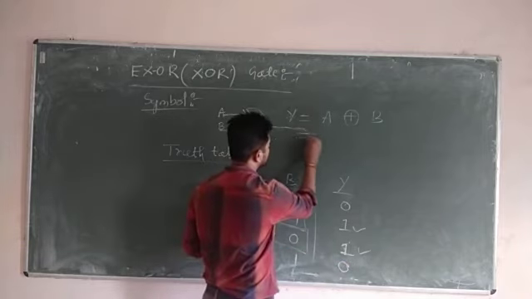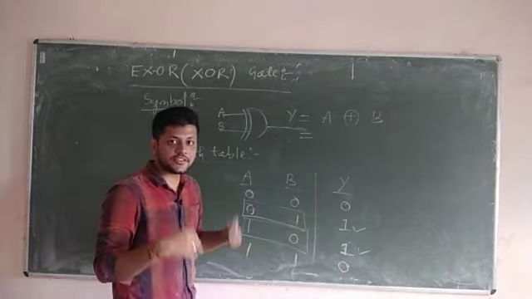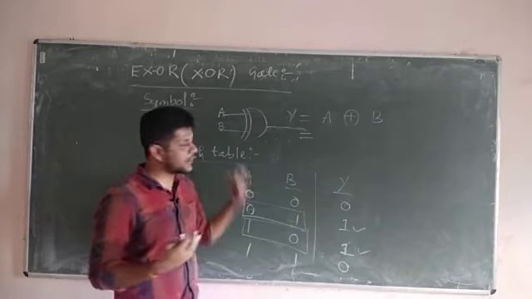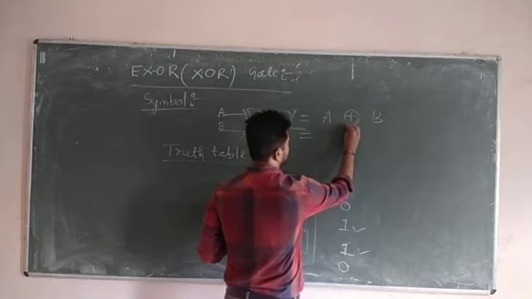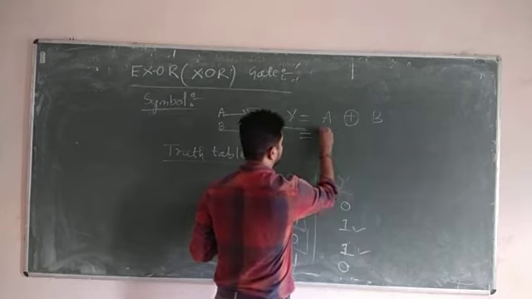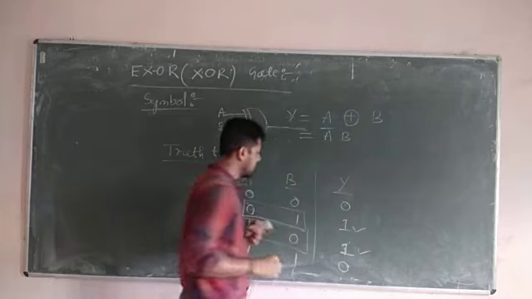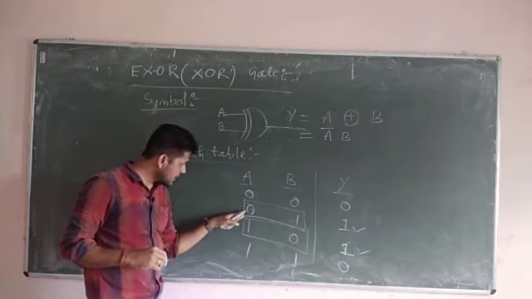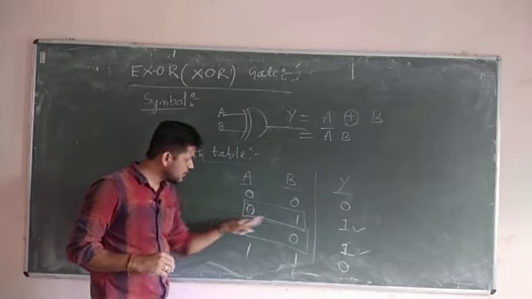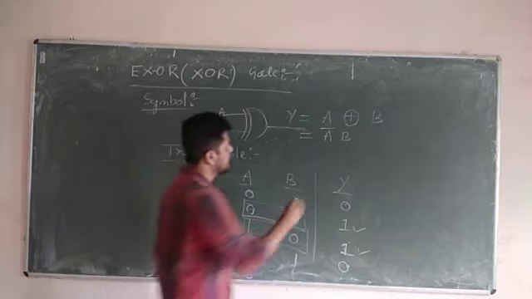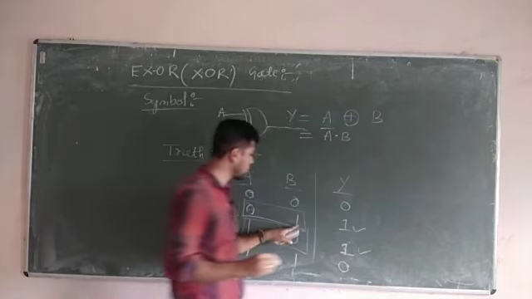So from this we can write the logic expression for your XOR gate. If I open this A XOR B, that means A bar B, because here A is 0, which means A complement, that is A bar, and B is 1.